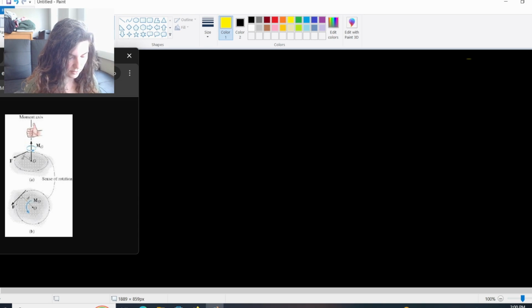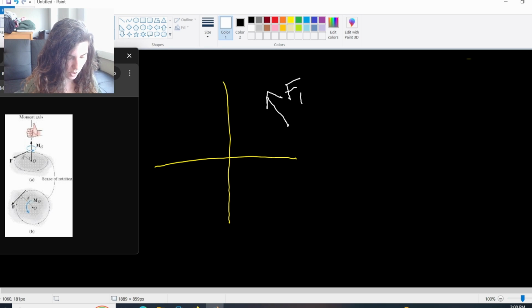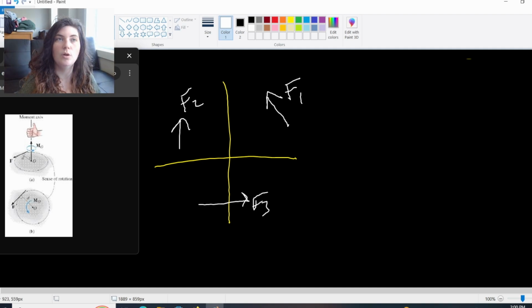So if I had, say, here's F1, and here's F2, and here is F3. So I would do right-hand rule on each of these to see which ones are positive and which ones are negative if I'm adding them together to get a resultant moment.